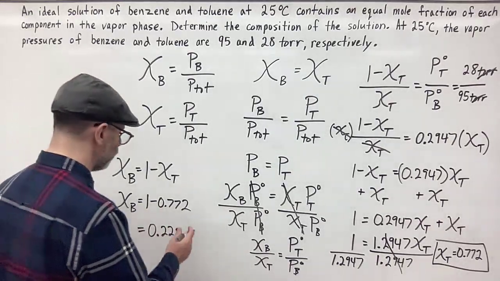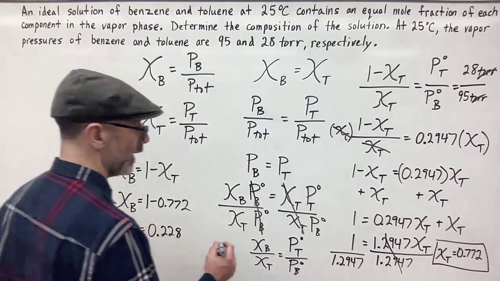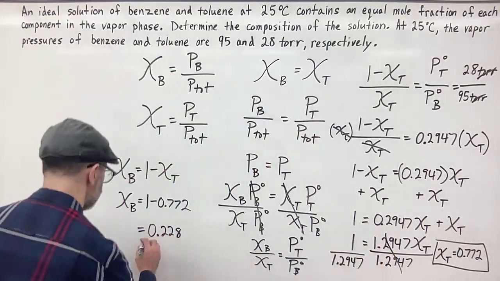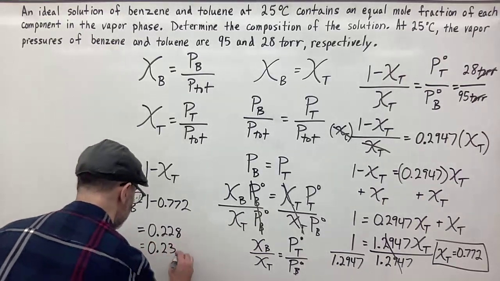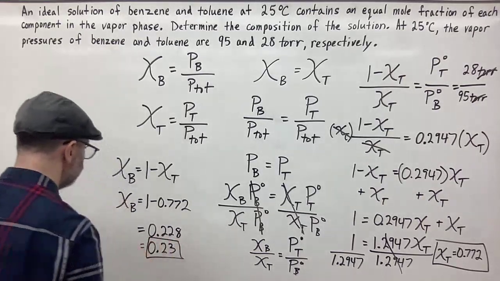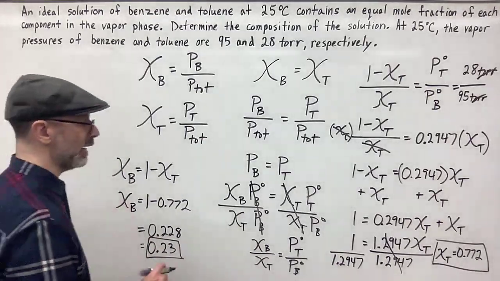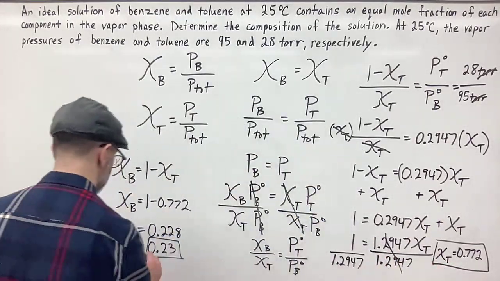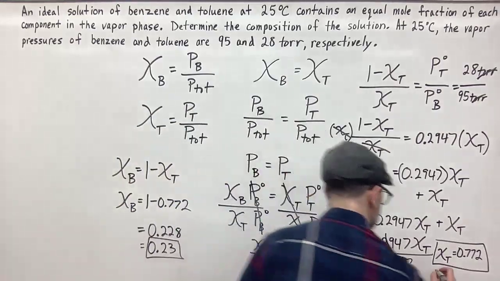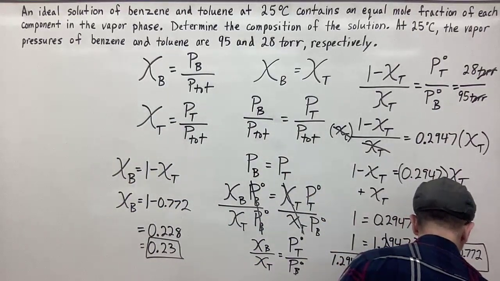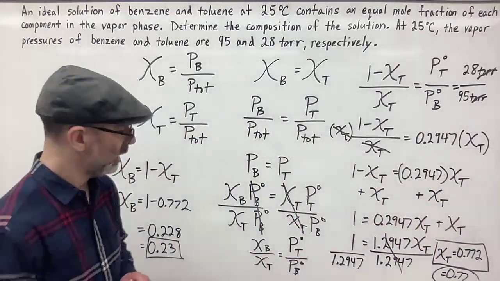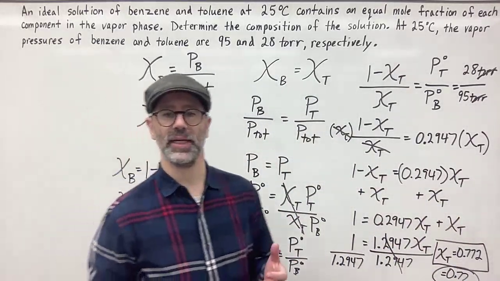So if we round this to 2 sig figs, then this would be equal to 0.23 for the mole fraction of benzene, and then 0.77 for the mole fraction of toluene. And that, ladies and gentlemen, is how it is done.